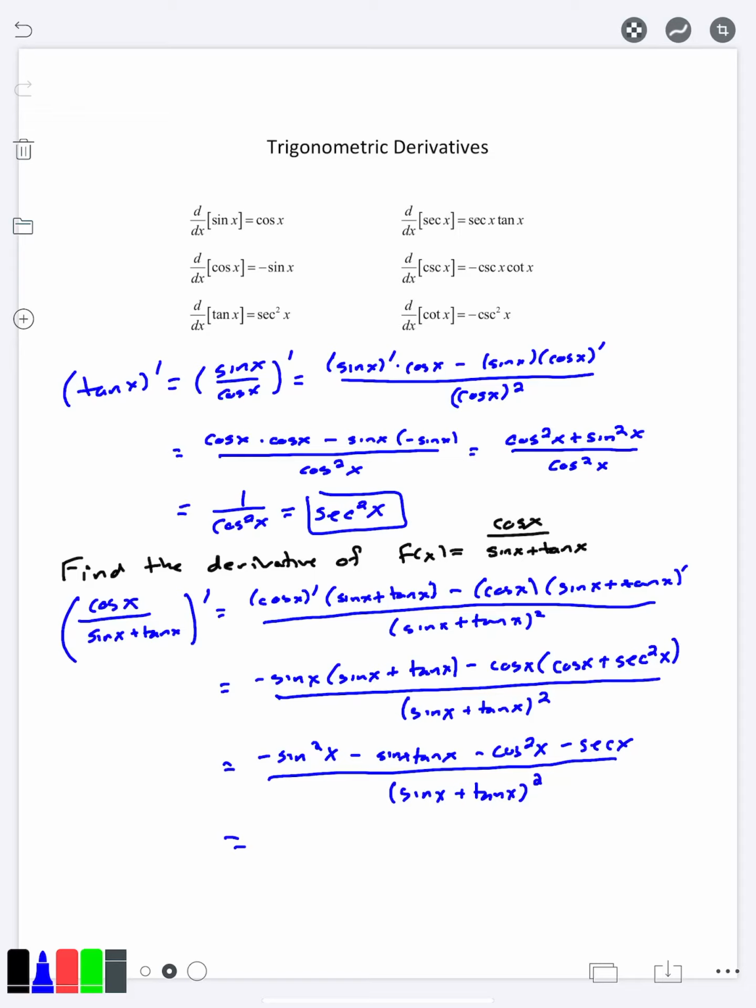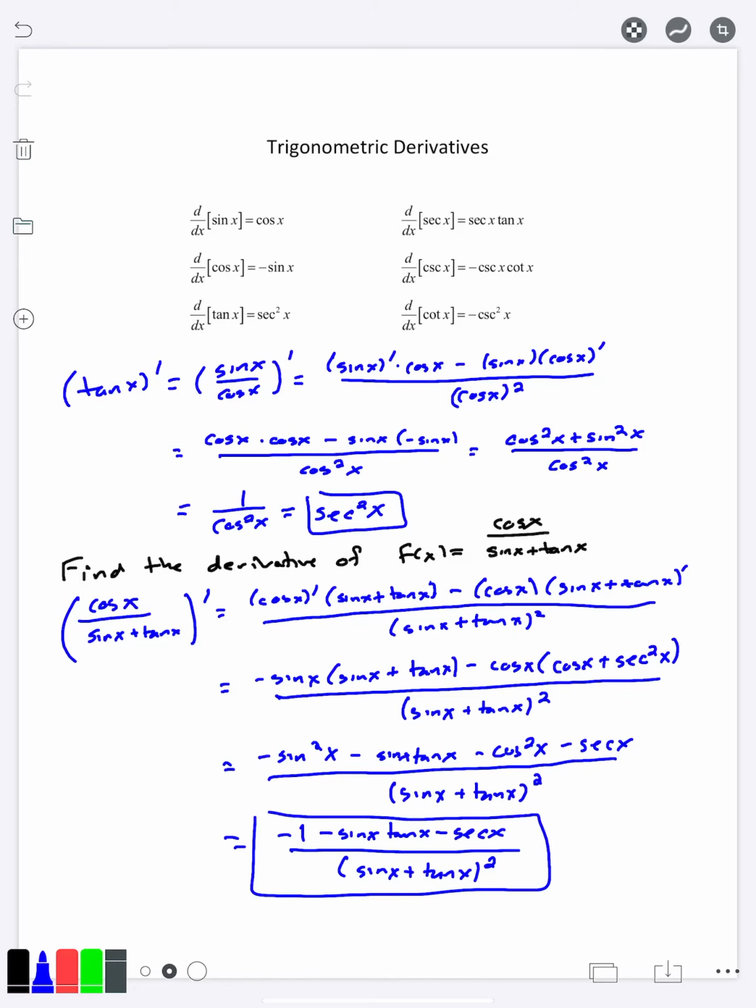And then we have a minus sine squared and a minus cosine squared. That's going to be a minus 1. And this is probably the best we can do. I mean, we could try messing around with more identities, but I don't really think it's worth it here.